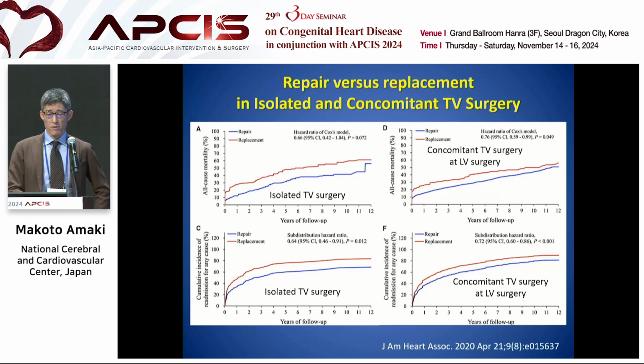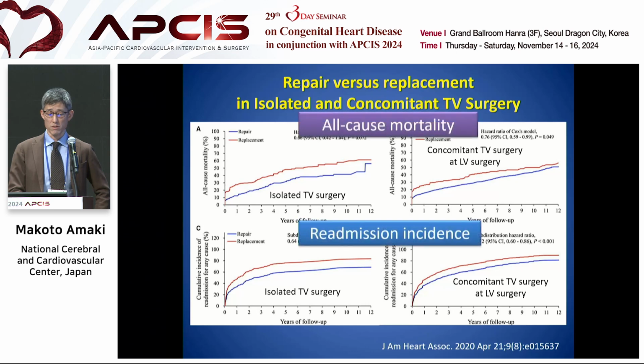What about repair versus replacement? We all know that in the mitral valve space, repair is much better than replacement. But what about in tricuspid valve surgery? In isolated tricuspid surgery and also concomitant tricuspid surgery at LV surgery, all-cause mortality and readmission incidence were better in the repair group.